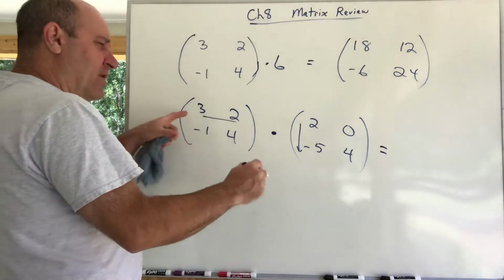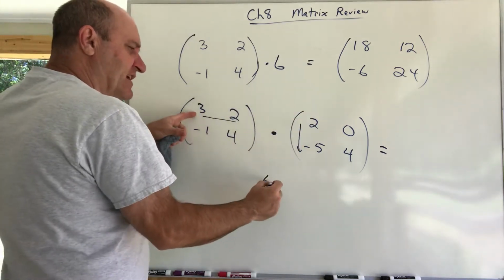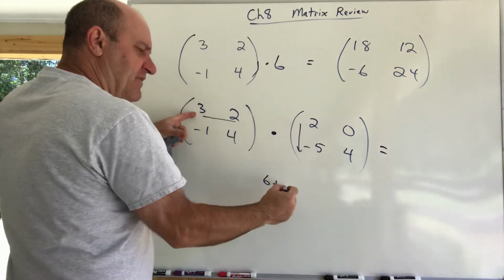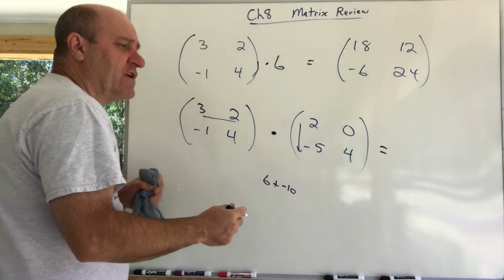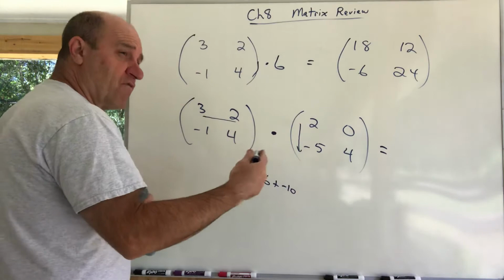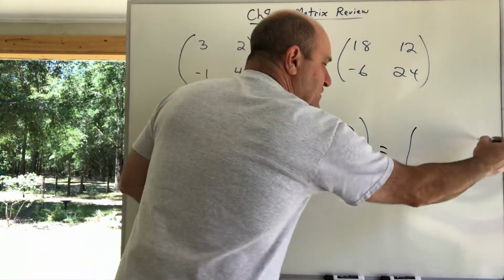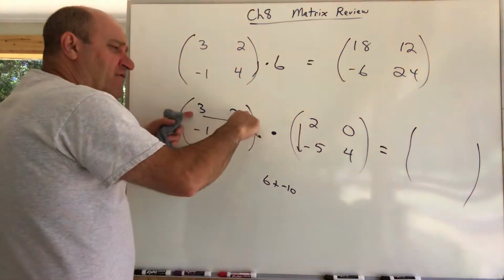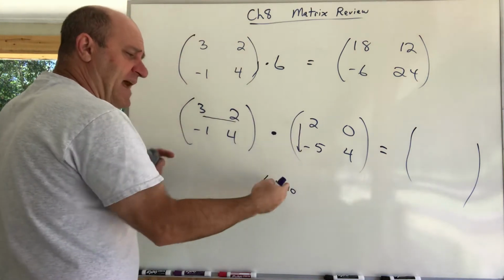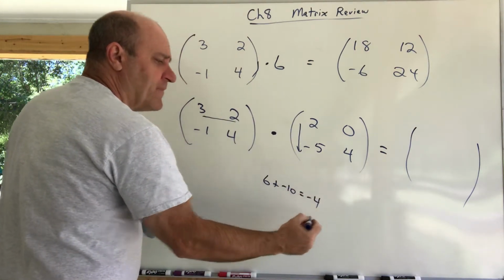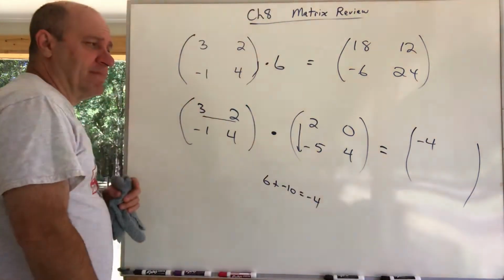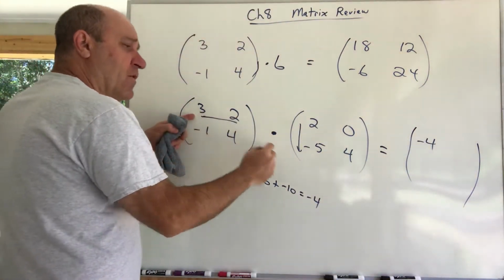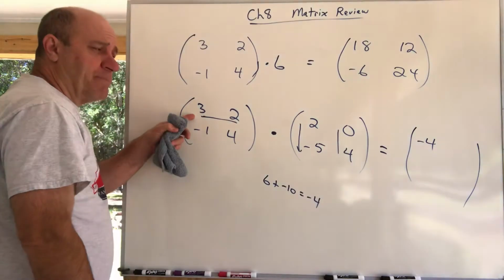So here you go. You go 3 times 2 is 6 plus -10. And that's -4. And you put that answer in the first row, first column place, because you multiplied the first row times the first column. So now you take the first row and you multiply by the second column.